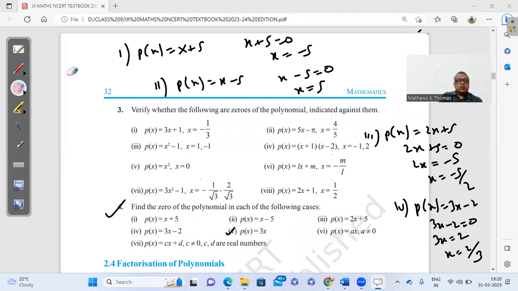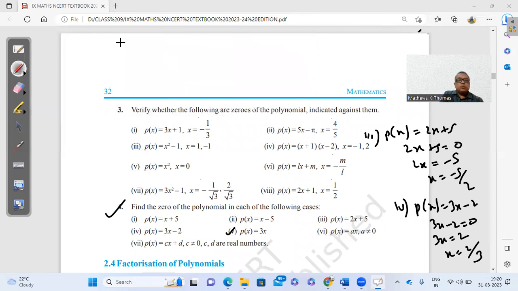Fifth part, P(x) is equal to 3x. Equate the polynomial, 3x is 0. So x will become 0 upon 3. And we should know that 0 divided by anything is 0. So when I put x as 0, that will be the 0 of the polynomial.